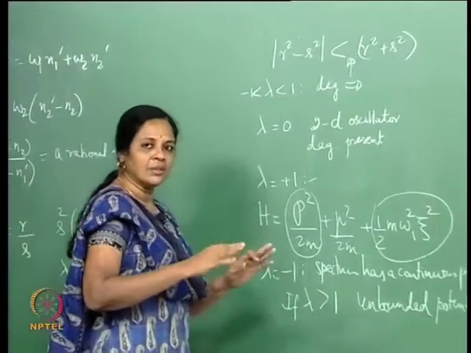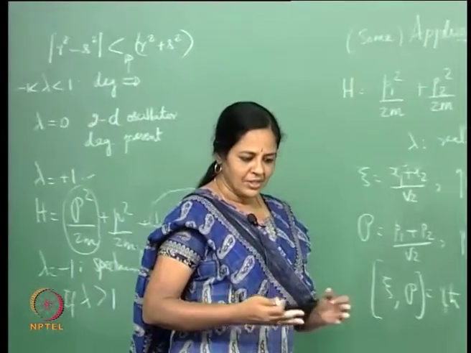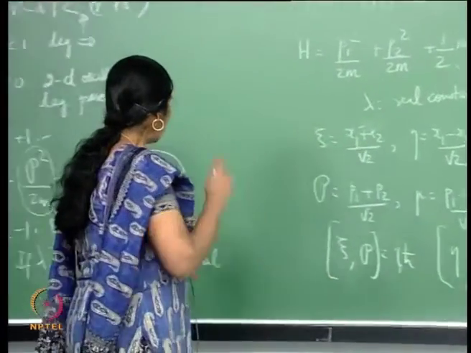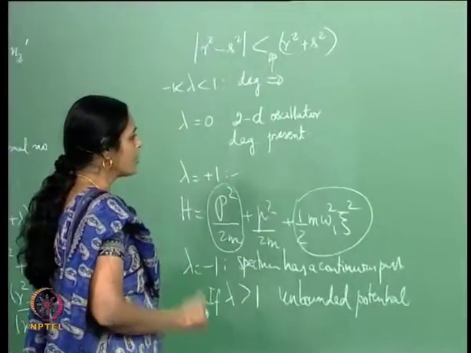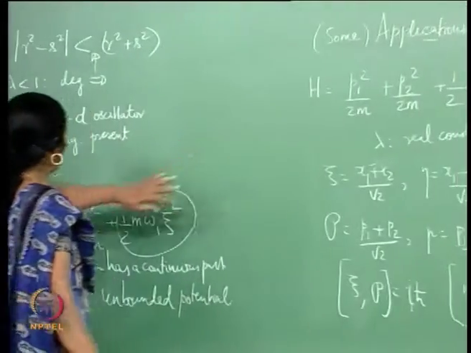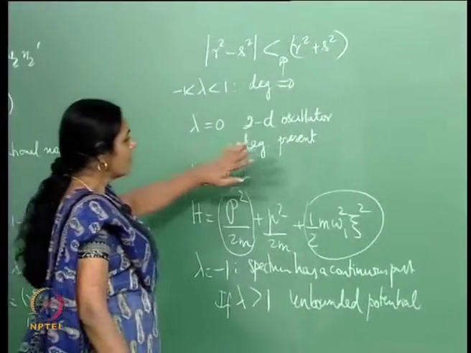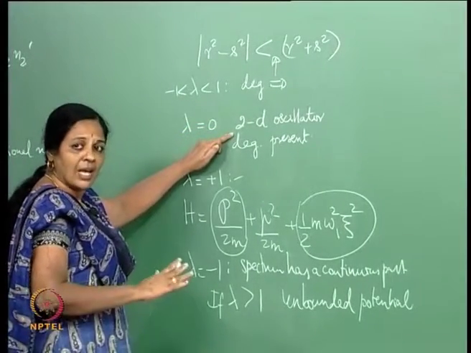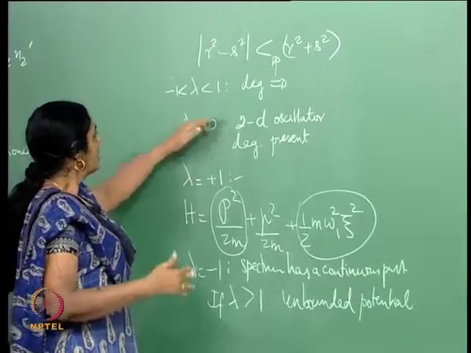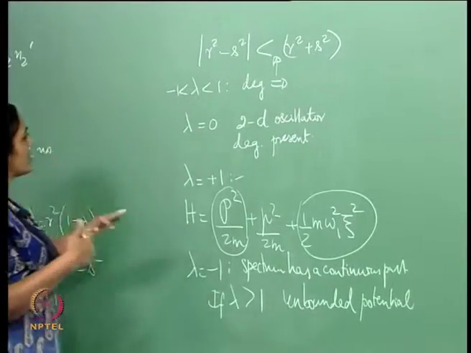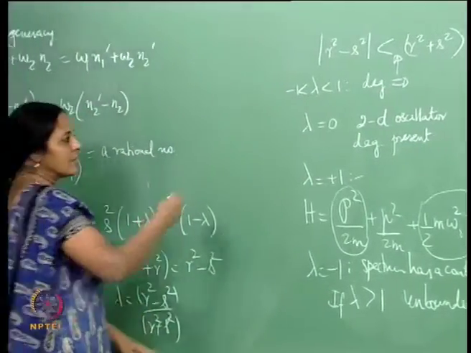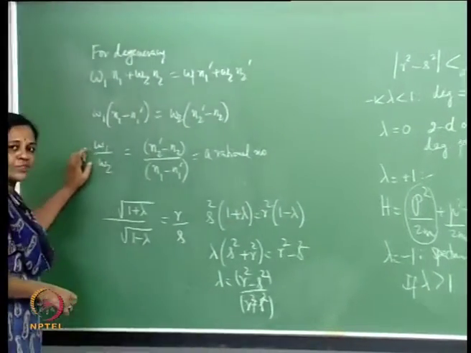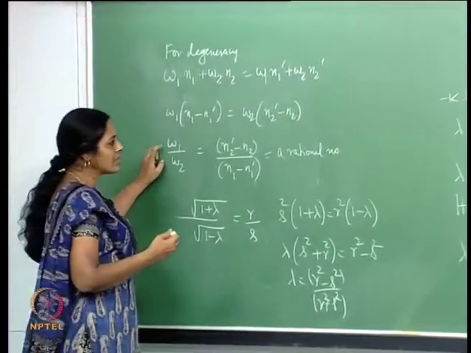And that is the reason why we do not want to discuss it. It is not as if there is a lower bound for the potential term. So, these are the very many features that come out of this problem. You see a situation which is equivalent to the two-dimensional oscillator, and therefore, there is a degeneracy. You see a situation where the degeneracy gets lifted, and you have a degeneracy only for very specific values of the ratio of the frequencies.